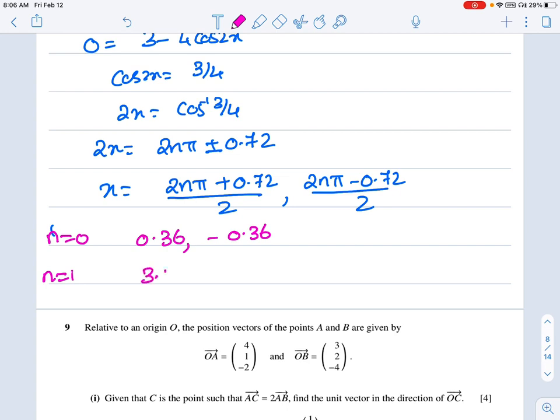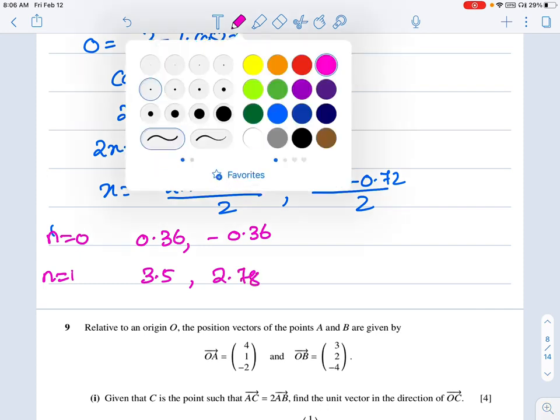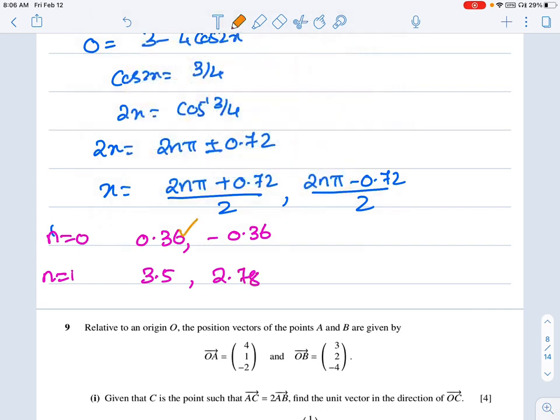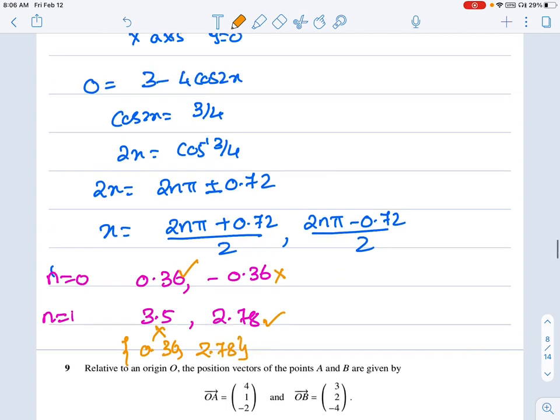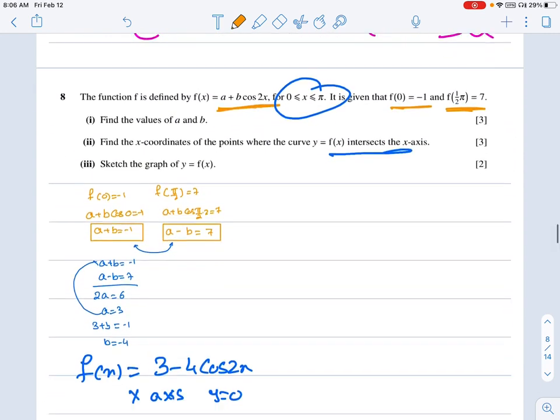So it becomes 3.5 comma 2.78. But the range is between 0 to pi. So 0.36 is considered, negative is not considered, 3.5 is more than pi so not considered, 2.78 is considered. So those are the answers, 0.36 comma 2.78. If I try for n is equal to 2, it becomes more than pi, so I am not trying.